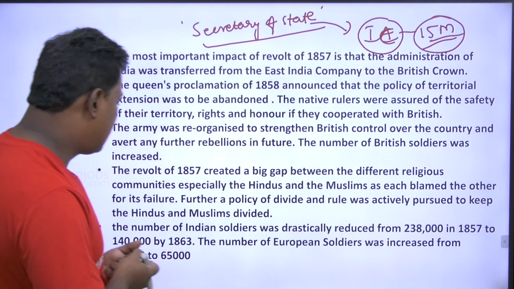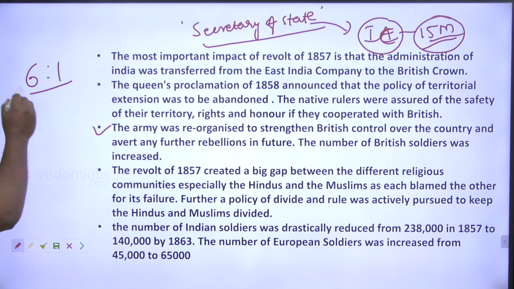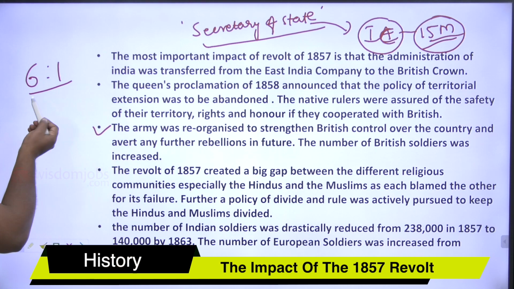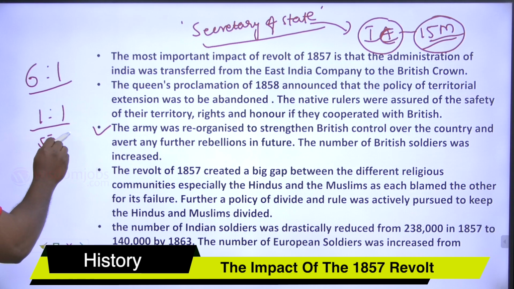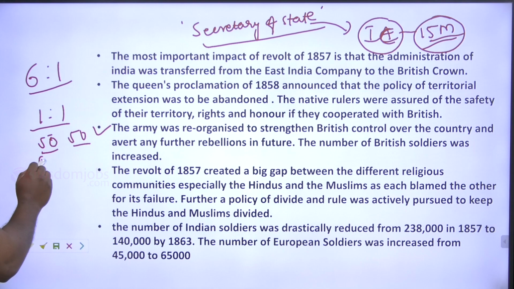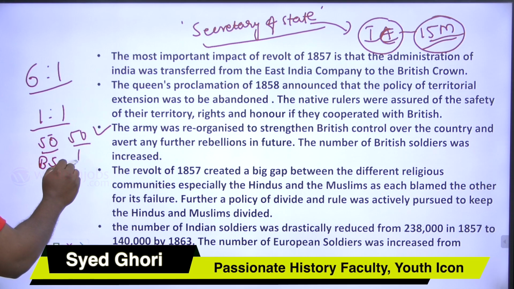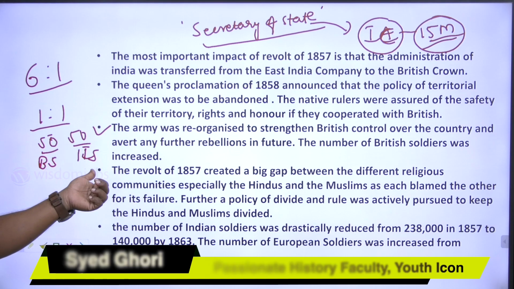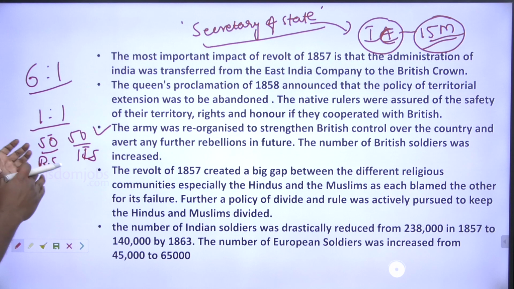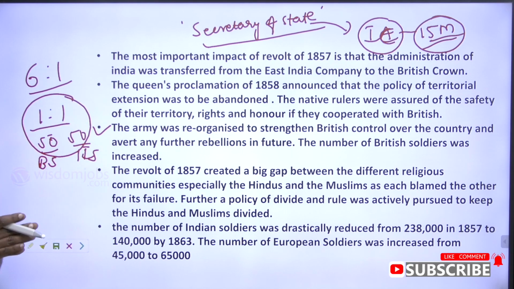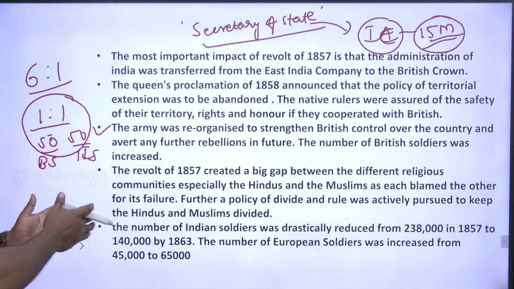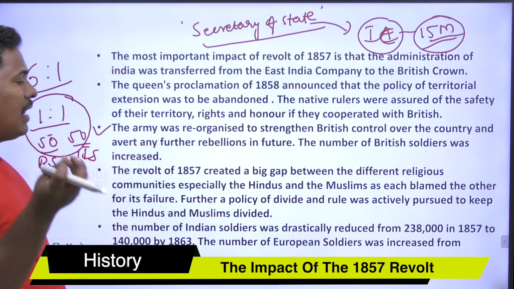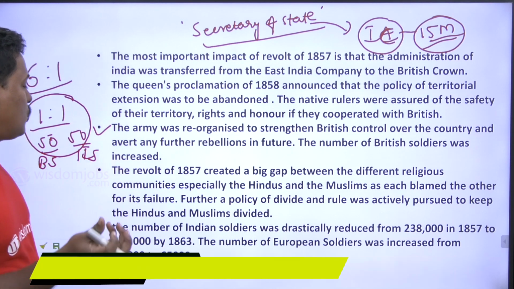In the initial stage the ratio was 6:1, but after the 1857 revolt, through the Queen's proclamation, the ratio in Bengal became 1:1, that is 50-50. For every British soldier there would be one Indian Sipai, so the strength of British soldiers increased.